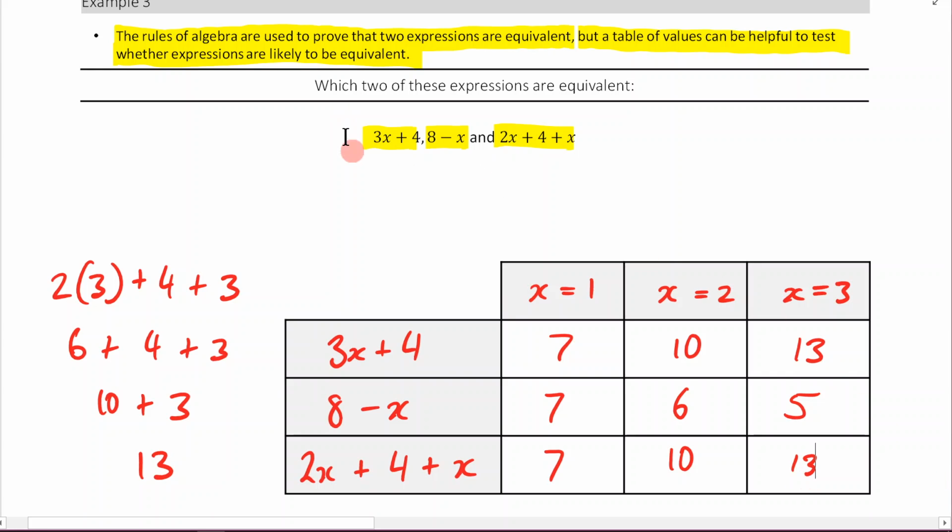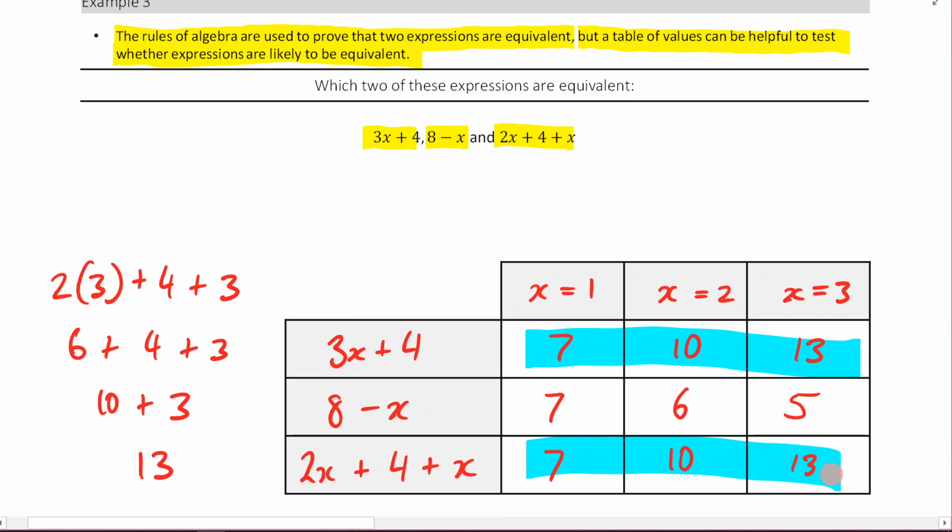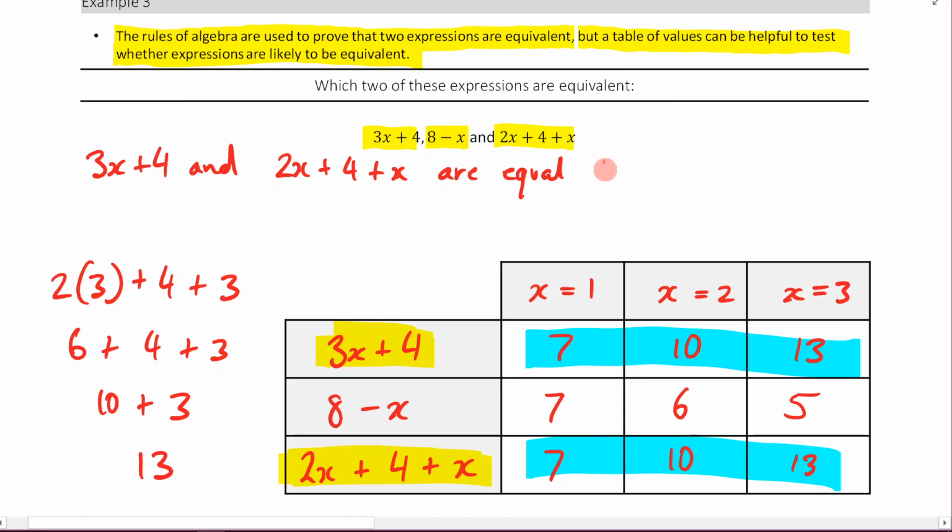And now what we need to realize is, if I get my highlighter, this and this have given me the same outputs. So that means 3x plus 4 is equivalent to 2x plus 4 plus x, because I've gotten all the same values out when I substituted in values. So 3x plus 4 and 2x plus 4 plus x are equal for all values.